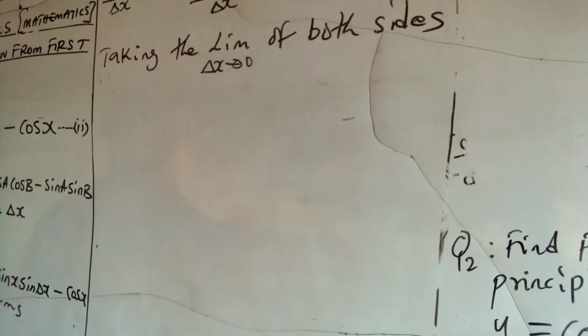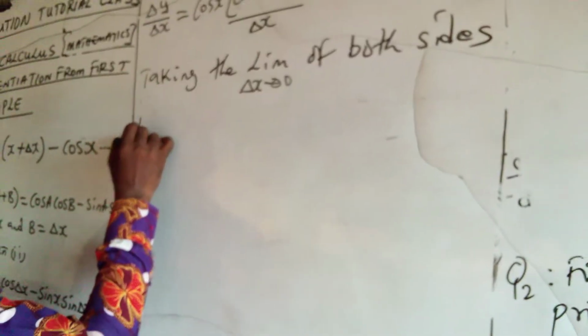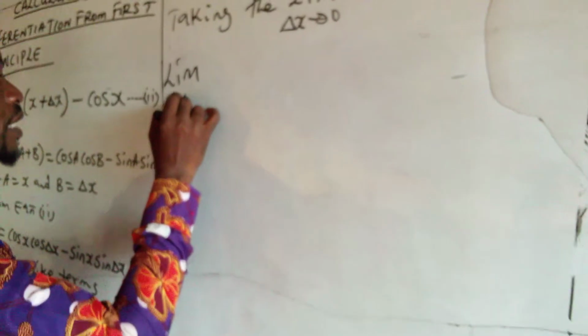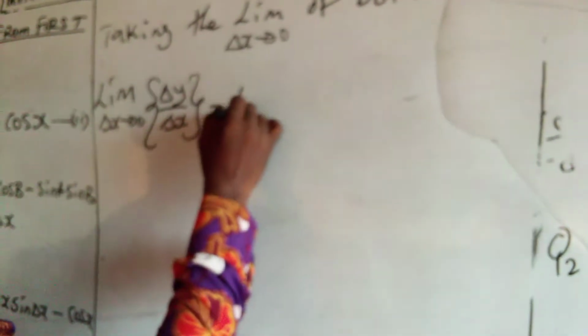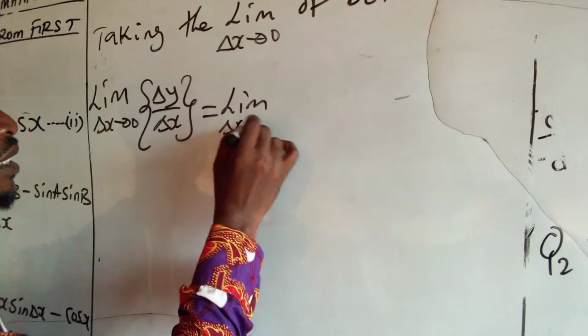When you do that, you have the limit as change in S tends to 0 of change in Y over change in S will be equal to the limit as change in S tends to 0.